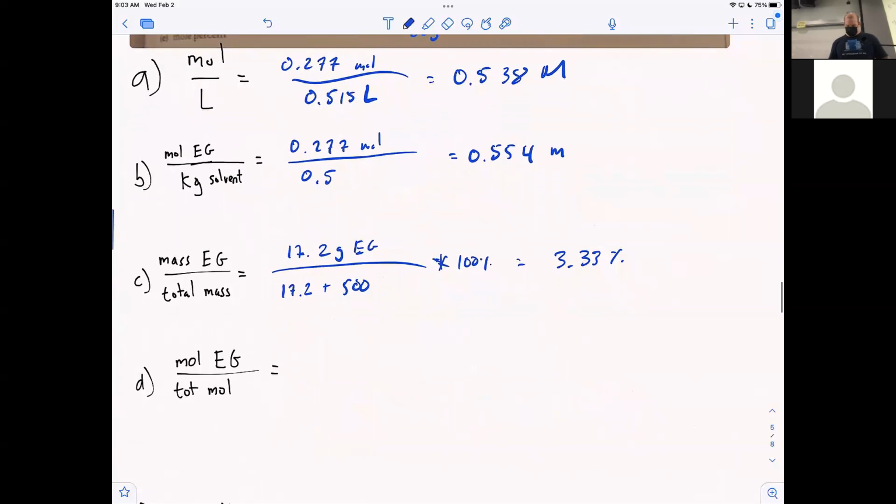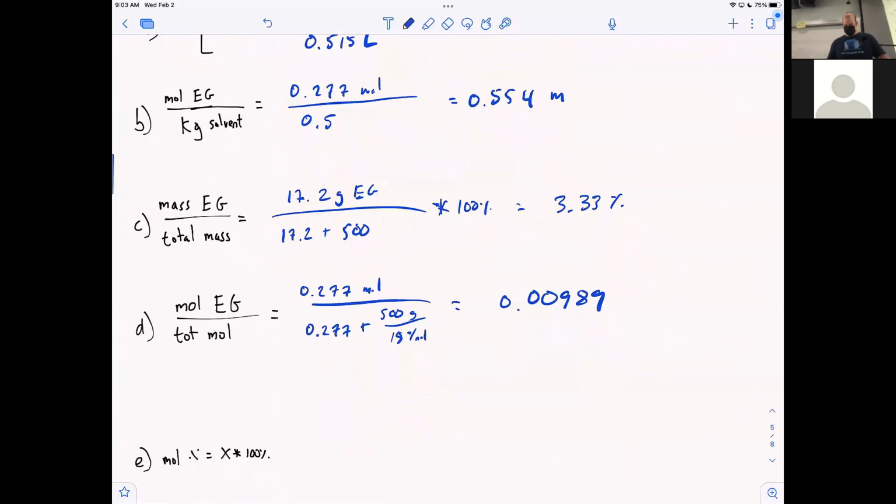Then mole fraction is going to be moles ethylene glycol over total moles. Our moles ethylene glycol is 0.277 moles, all over 0.277 plus water, 500 grams divided by 18 grams per mole. So this here is the moles of water. And the mole fraction then becomes 0.00989.